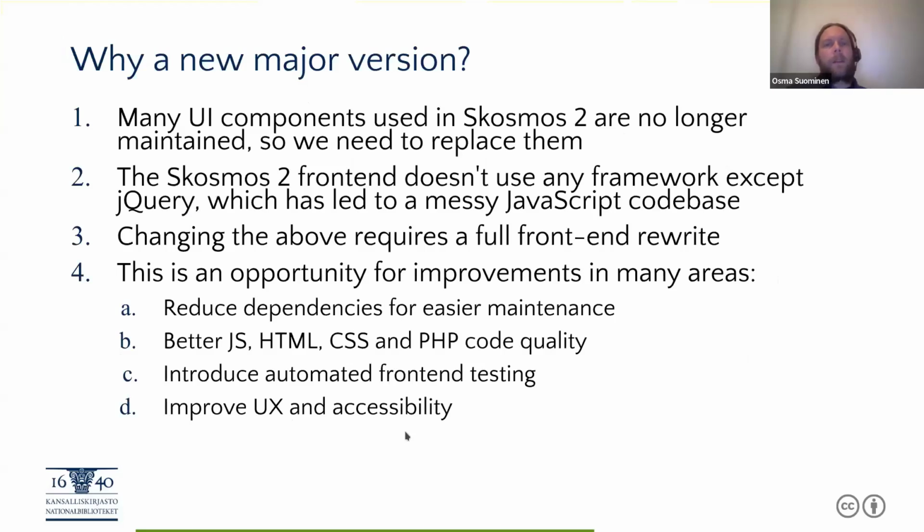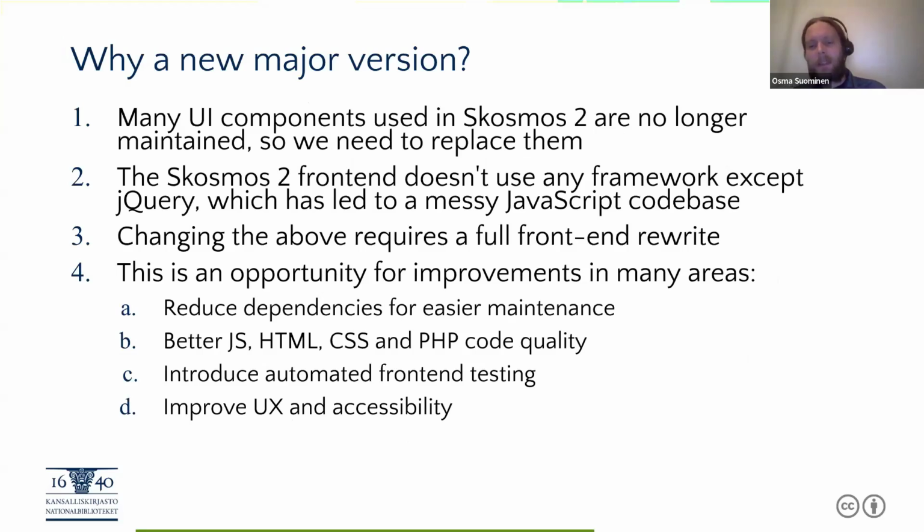Right, and of course one question is, why do we want to make a new major version? What's wrong with the old one? And I think the first two items here are the most important. So many of the components we used in Skosmos 2, especially on the user interface, were JavaScript libraries that worked fine at the time when we started using them, but then they were abandoned by the creators, and not very well maintained.